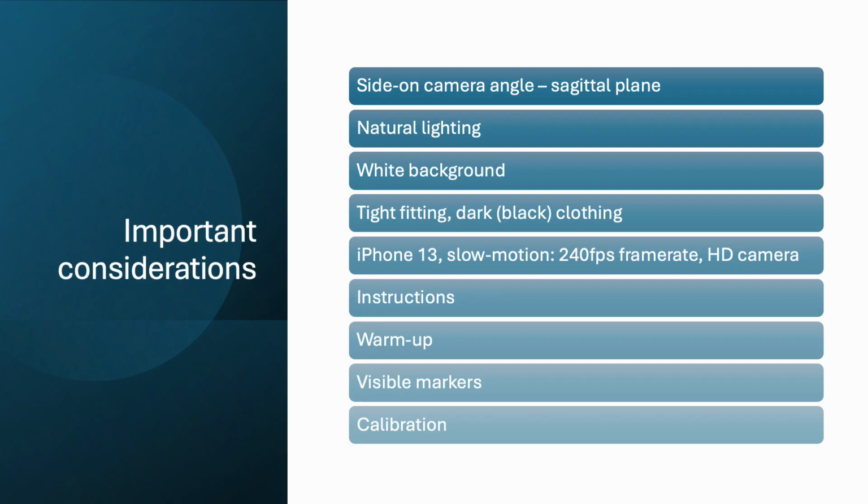Visible markers were placed on all required landmarks, being the lateral malleolus, lateral epicondyle of the femur, and greater trochanter. This helped visibility of all of the key landmarks. And calibration, a 1 meter ruler was placed in the frame to help when conducting the analysis on Kinovea.